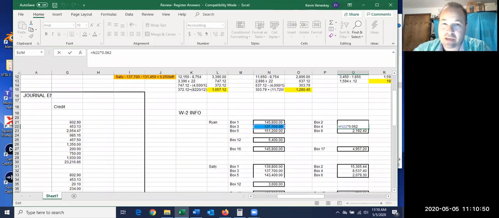That's what it should be, but if you were doing this for real, you'd want to go back and check that. You'd want to add up all their Social Security withholdings and see if you really did withhold this amount as your check. You would do the same for Medicare. You would go through all their checks and add them up and then compare by taking this number times 0.0145.